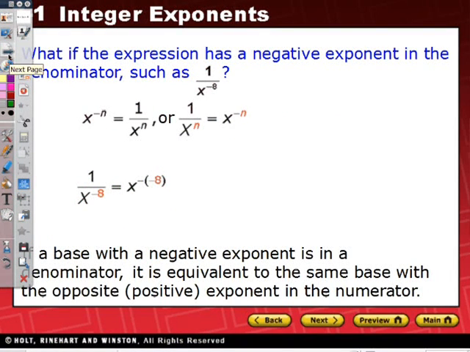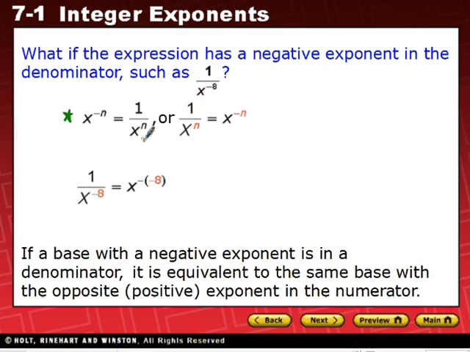Okay. Moving on. I think this is going to go in the chart there at the bottom, simplifying expressions with negative exponents. What if there's a negative exponent in the denominator? Well, we know that if we have a negative exponent in the numerator, like this one right here, then it pushes down into the denominator and becomes positive, which means that if it was positive downstairs, it's negative upstairs.